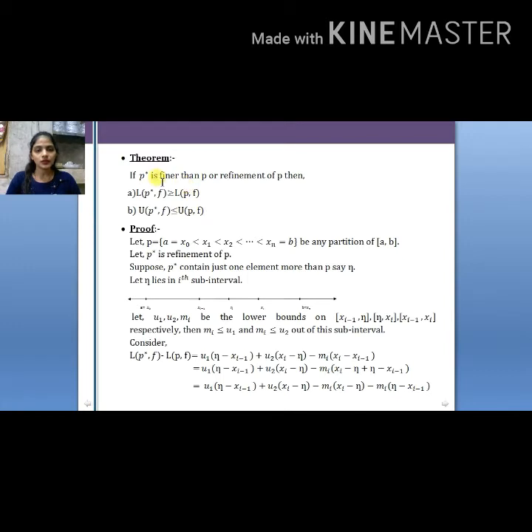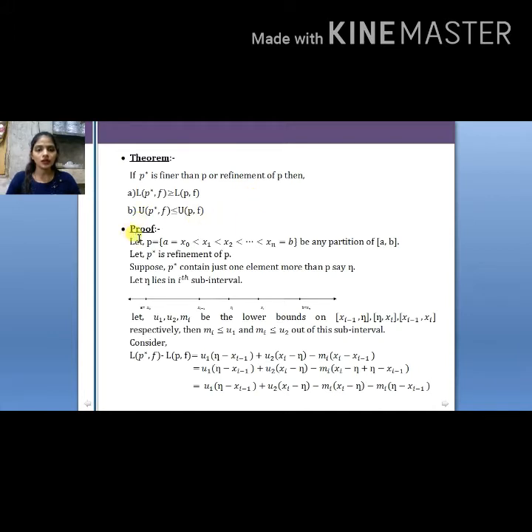That means, if P* is a refinement of P, then we have to prove that the lower Riemann sum of f(x) with respect to the partition P* is greater than or equal to the lower Riemann sum of f(x) with respect to the partition P, and second, the upper Riemann sum of f(x) with respect to the partition P* is less than or equal to the upper Riemann sum of f(x) with respect to the partition P. Here P* is a refinement of P.